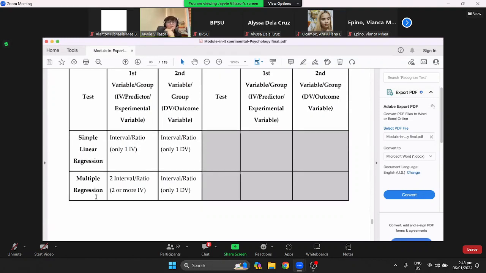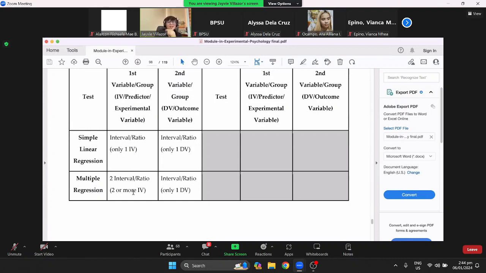Na-discuss na natin to, ha? Another is sa multiple regression. Again, the purpose is what? To predict. So sa multiple regression, sa first variable mo, okay, ilang independent variable ang meron ka? At least dalawa o pataas. And your independent variables, again, plural, should be interval or ratio. Okay?